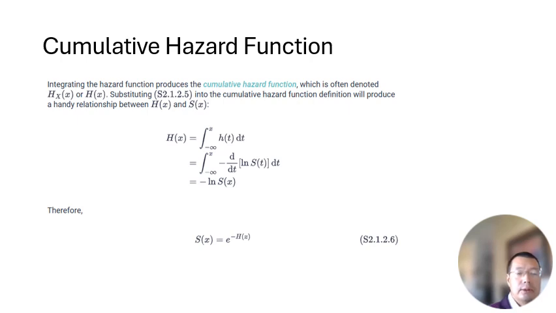So based on what we have earlier, we can just integrate this hazard function to be this, which was from the previous slide. Then eventually you get the natural log of Sx. And from there we can derive Sx is equal to e to the power of negative Hx.